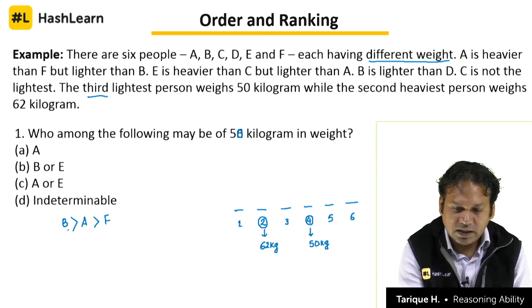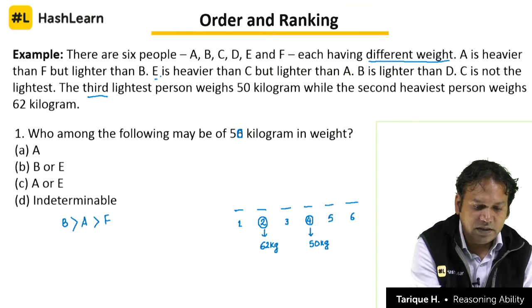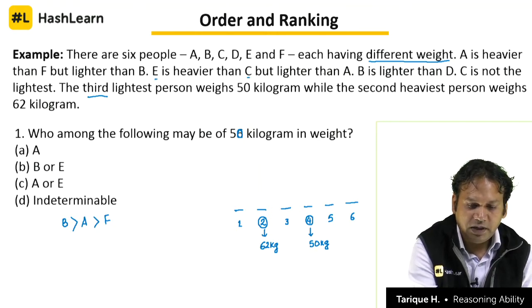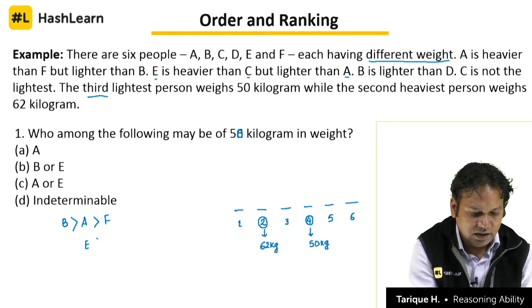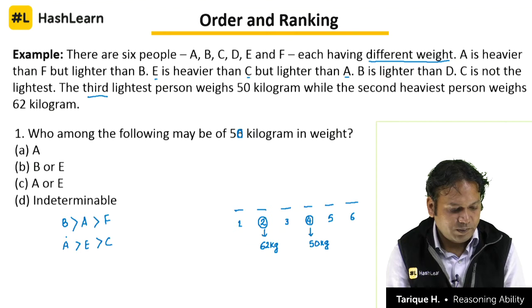The second is: E is heavier than C but lighter than A. That is our second equation.